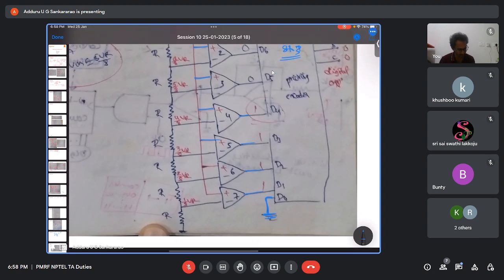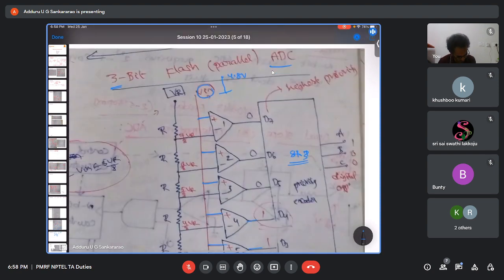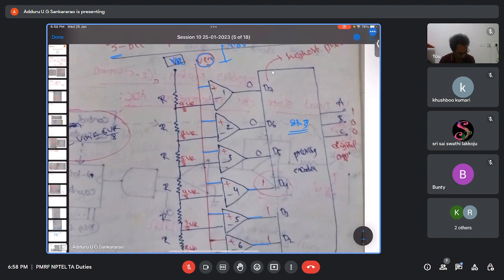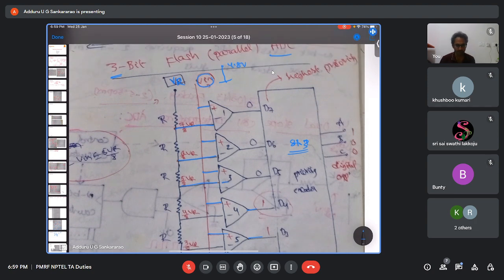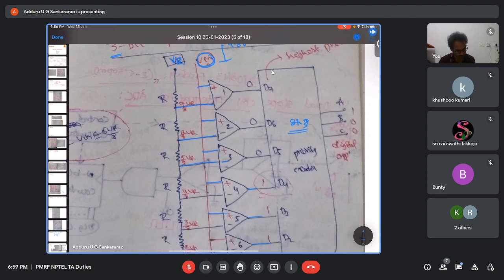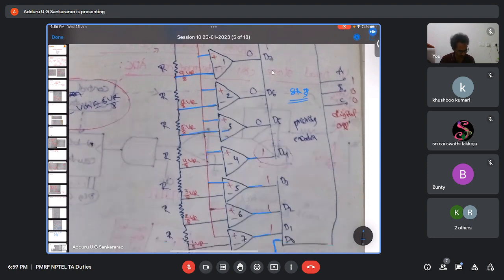You will take some reference voltage here, divided between the resistors, and that is given to the inverting terminals of the comparators. For the plus, non-inverting terminals, the V input sample value is connected, and the minus terminals are connected through the potential divider arrangement.